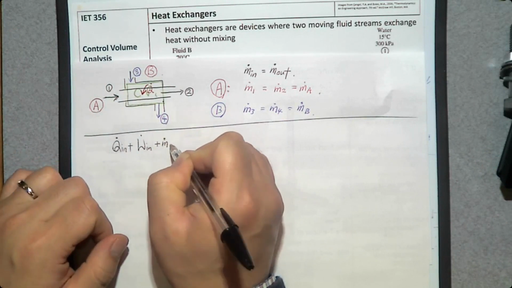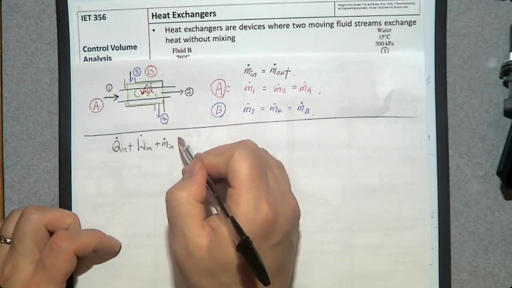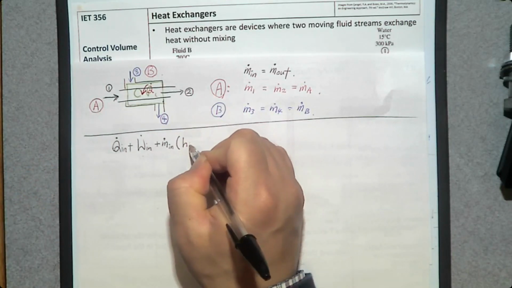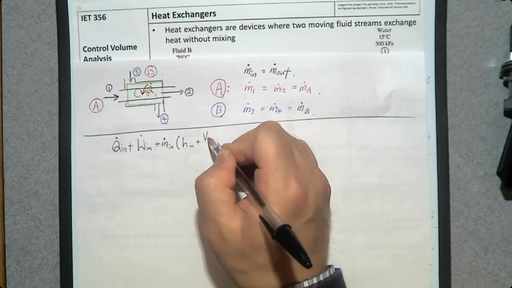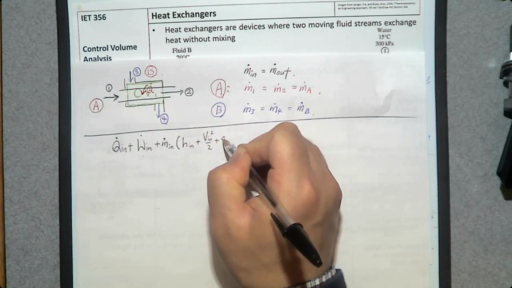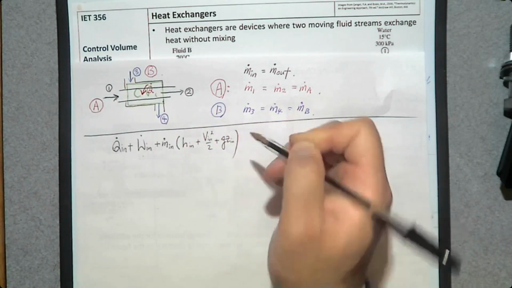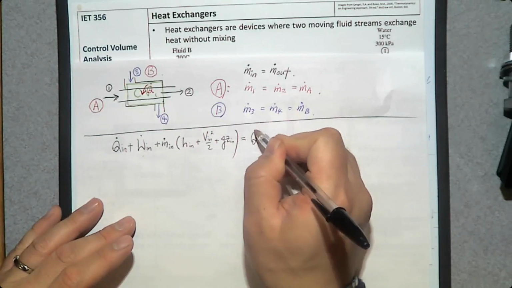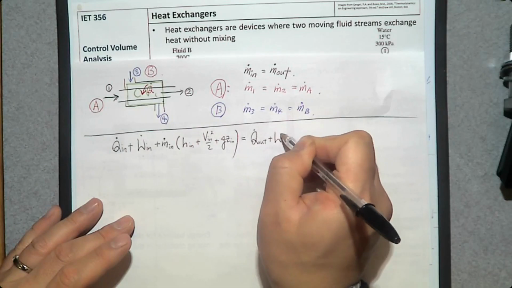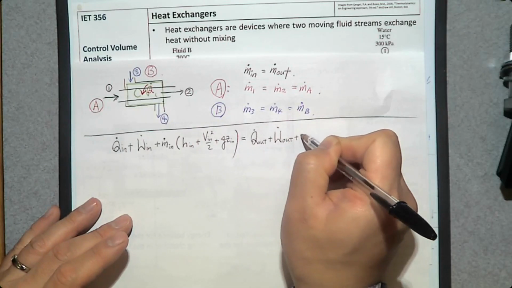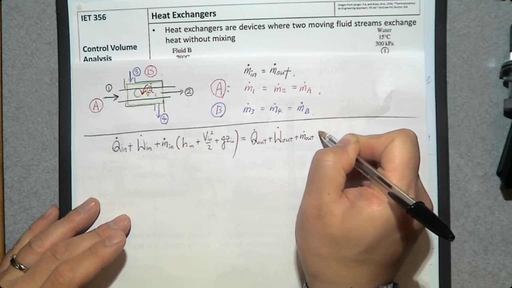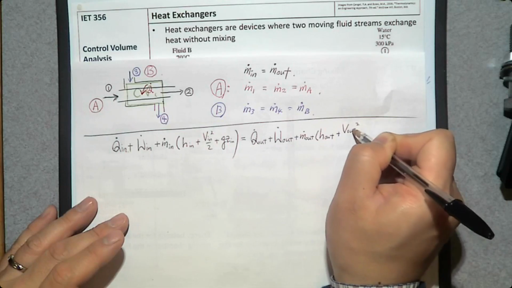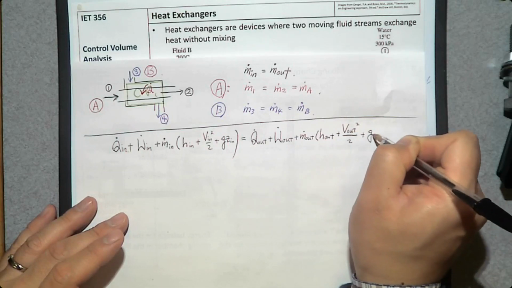So mass flow rate that goes into the control volume. This mass flow rate has three forms of energy: specific enthalpy h, specific kinetic energy V squared over 2, plus specific potential energy g times elevation z. That is equal to Q dot out plus W dot out plus m dot that goes out of the system. It has specific enthalpy, kinetic energy, and potential energy.